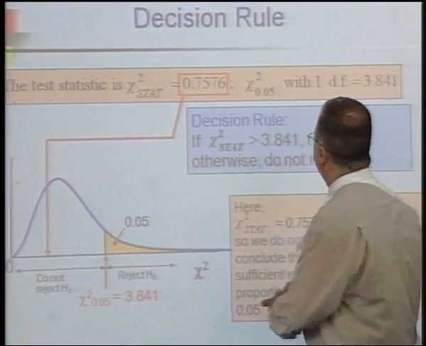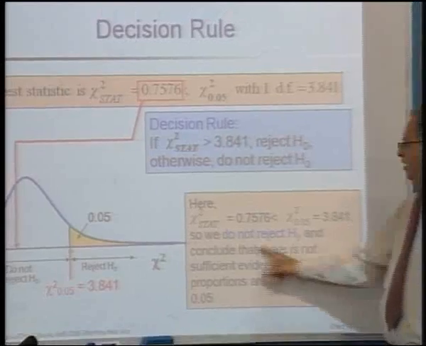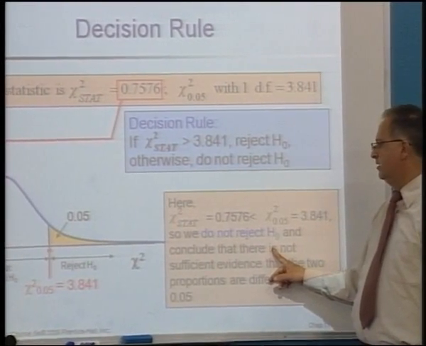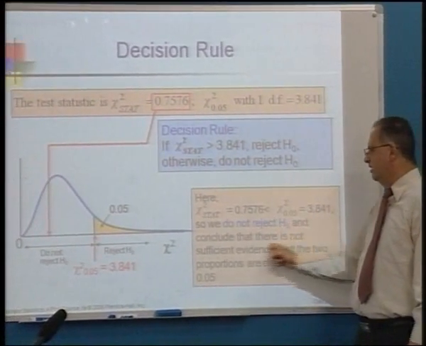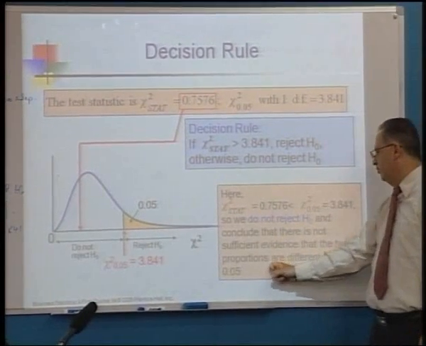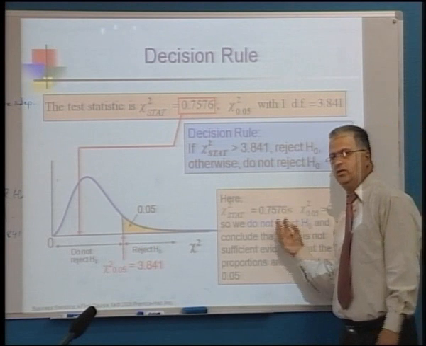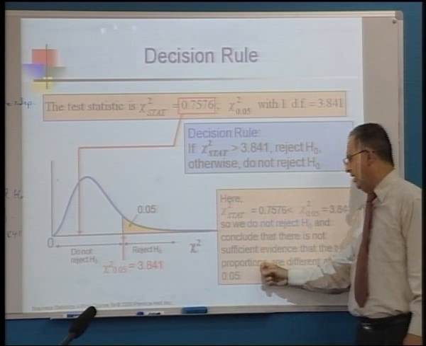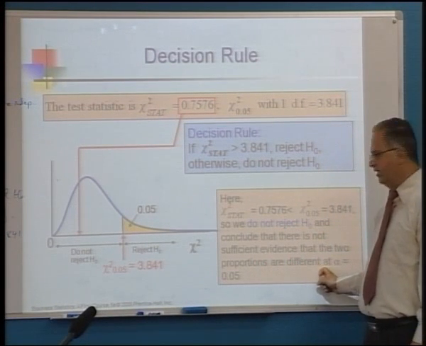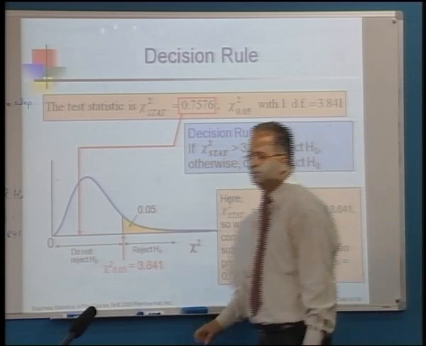So my decision is we don't reject the null hypothesis. My conclusion is there is not sufficient evidence that the two proportions are different. So you don't have sufficient evidence to support that the two proportions are different at the 5% level of significance.